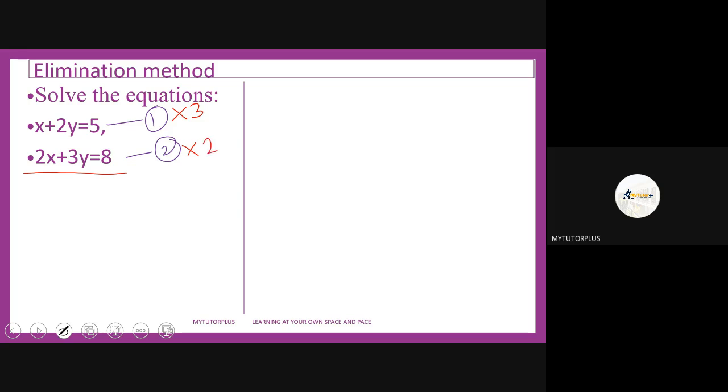That is multiplied by 2. Now, multiply equation 1 by the coefficient of y in equation 2, that is 3. Then multiply equation 2 by the coefficient of y in equation 1. That's the first step. So let us work it out now.